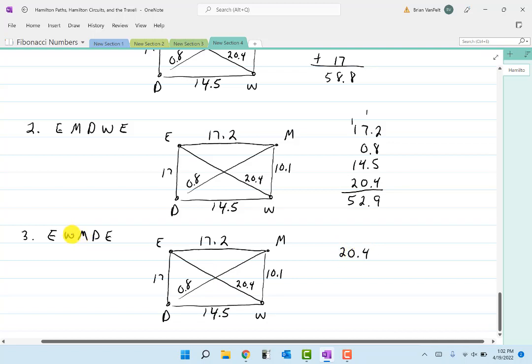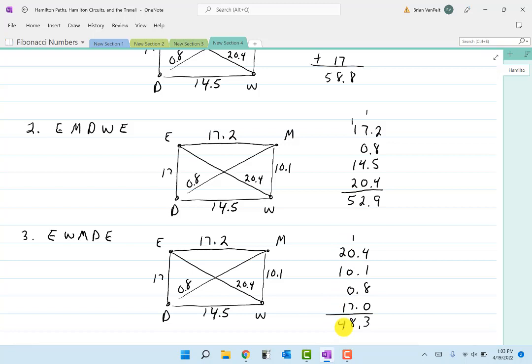And then I'm going to do WM, which is 10.1. And I'm going to do M to D, which is 0.8. And then D to E, which is 17. And I got 48.3.